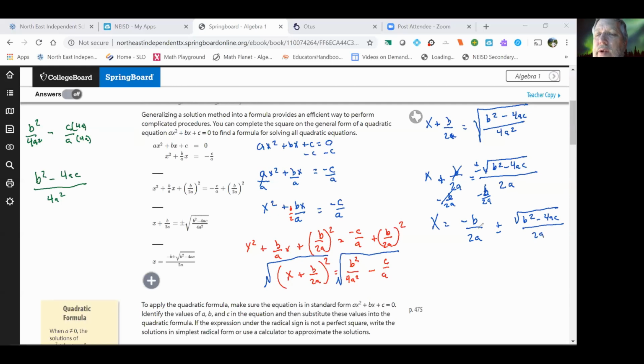And you notice we have a common denominator here. So I could rewrite this as everything's over 2a, and it's going to be negative b plus or minus the square root of b squared minus 4ac. And that is your quadratic formula.